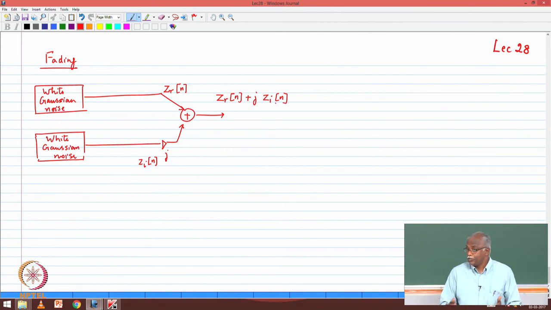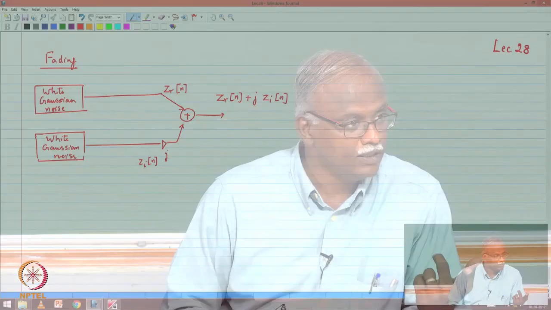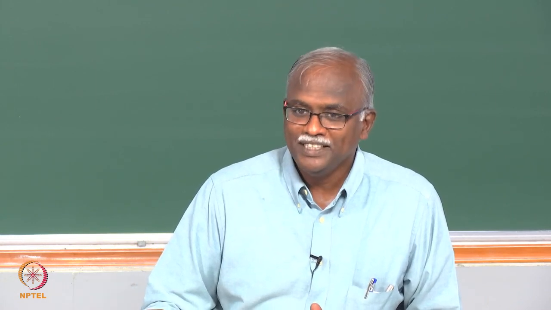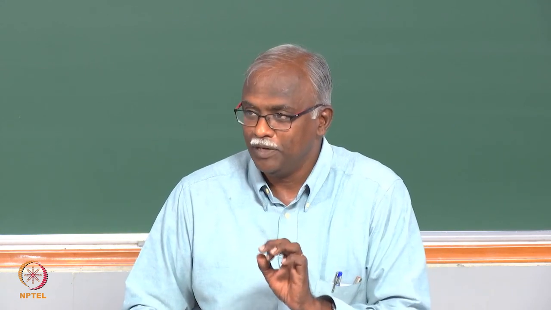Now, I asked the student, are you sure this is the fading channel? He says, absolutely sure. Real part is Gaussian, imaginary part is Gaussian, complex Gaussian, I add the two together, and by the way, this has got a Rayleigh envelope. Anything missing? Delay is missing. This is for a single tap, frequency flat channel.